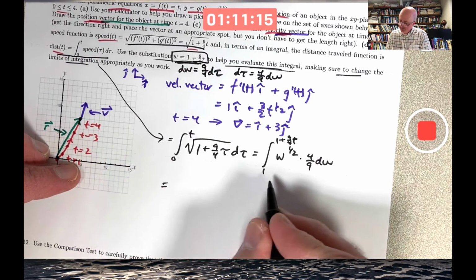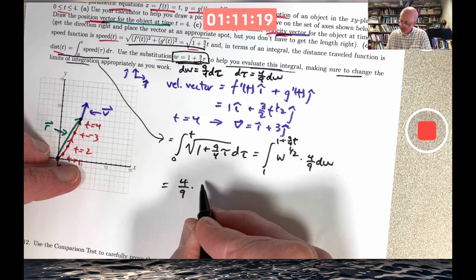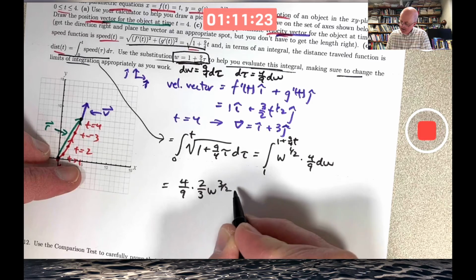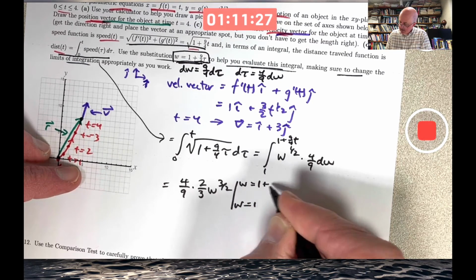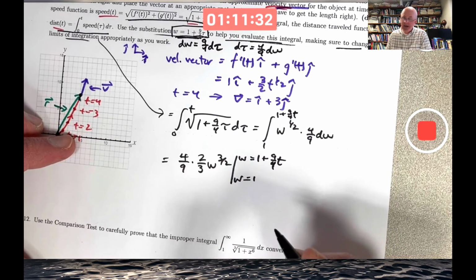Now do the integral. The 4/9 can just stay there. You get a w to the 3/2 over 3/2, which is same as multiplying 2/3 times w to the 3/2. w goes from 1 to 1 plus 9/4 t, and yes, that is a t again, I emphasize. No, not a tau anymore.